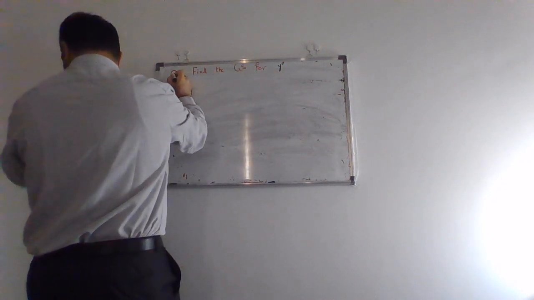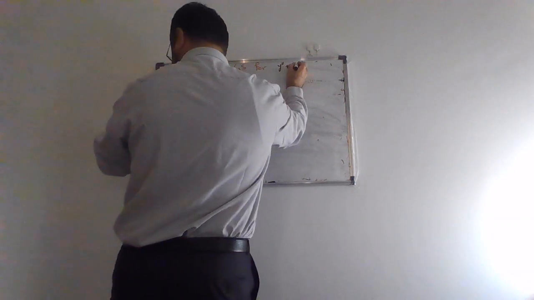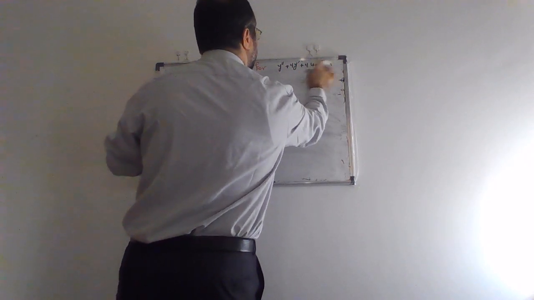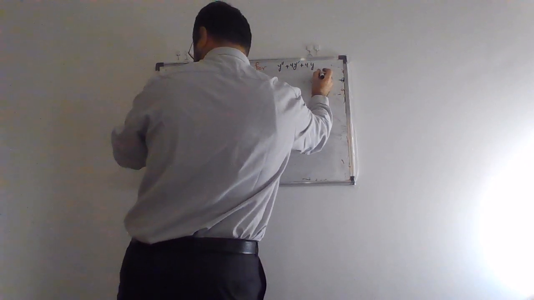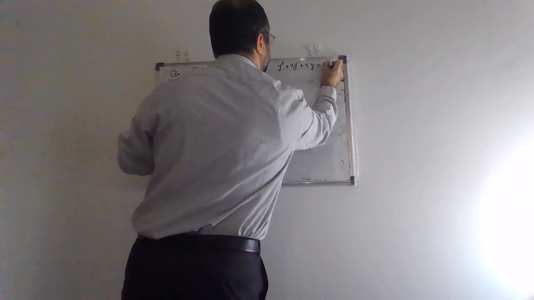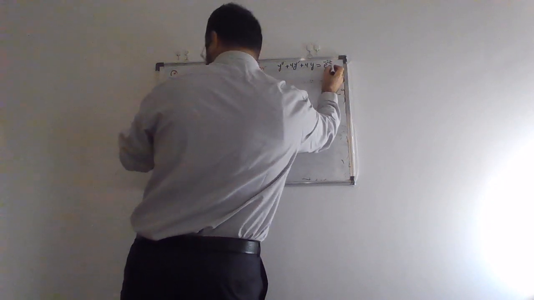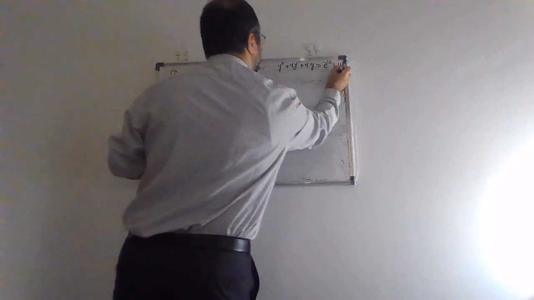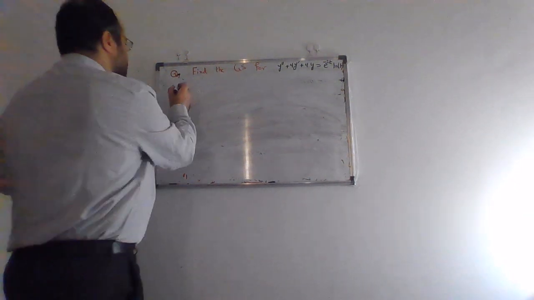Question number 7, y double prime plus 4y prime plus 4y equal to e to the minus 2t times ln t. So y double prime plus 4y prime plus 4y equals this thing. Now solution.